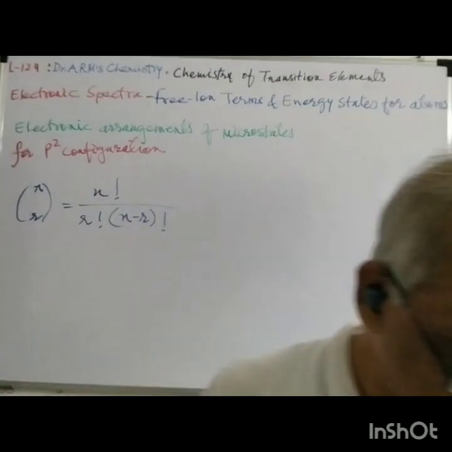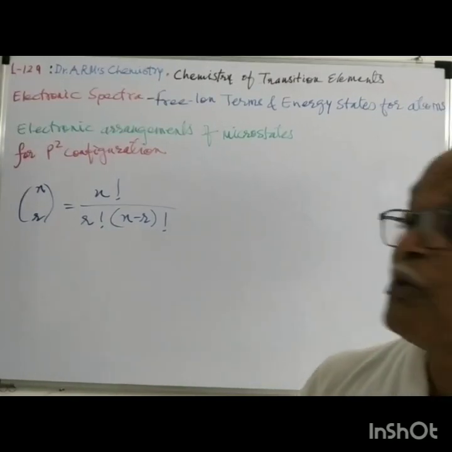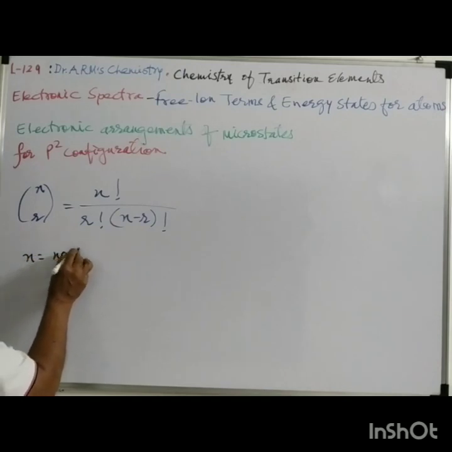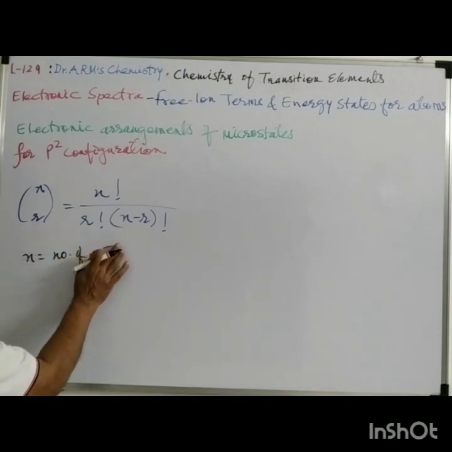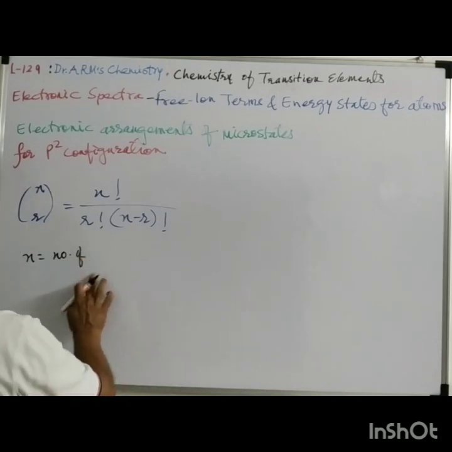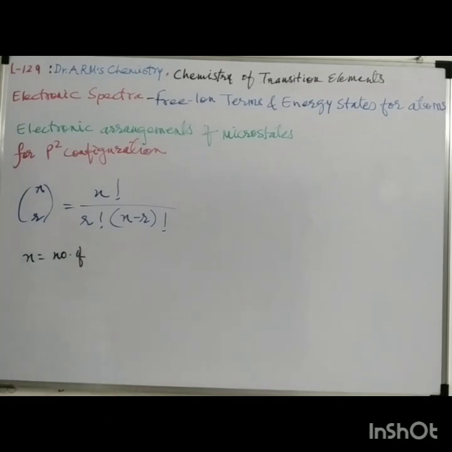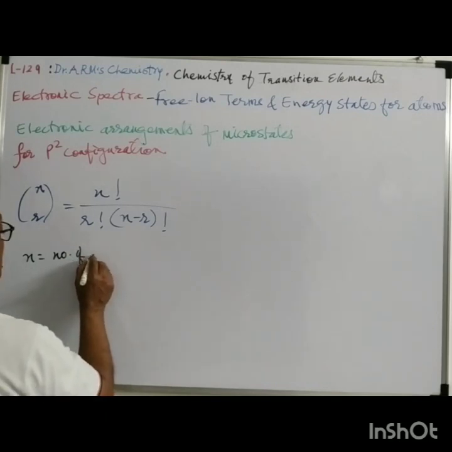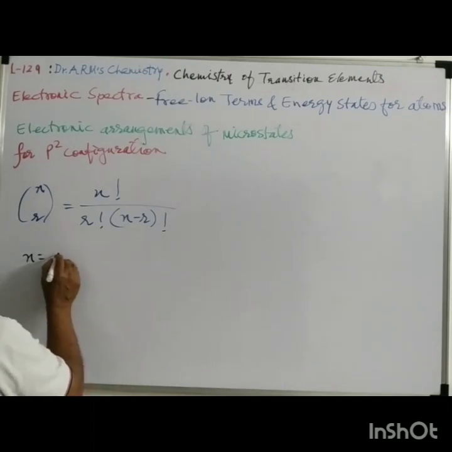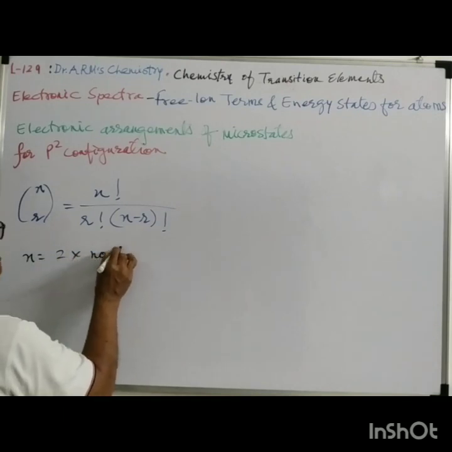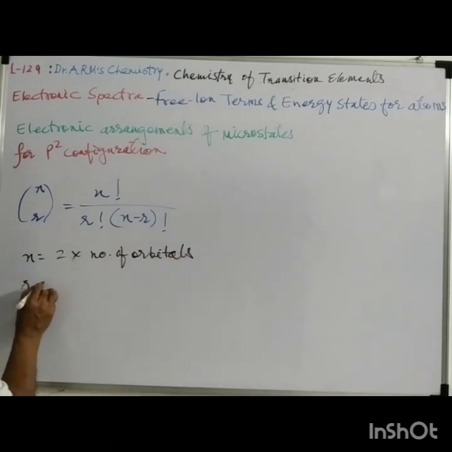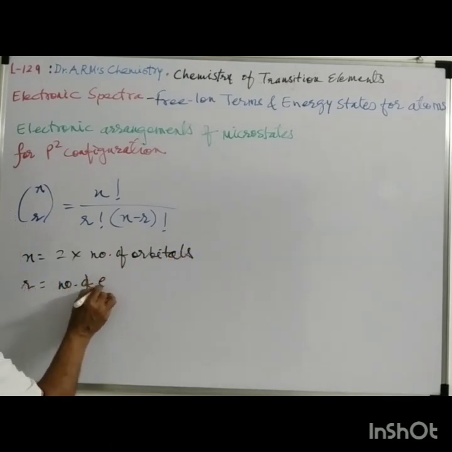Here n is equal to the number of orbitals, or here we will say twice, 2 into the number of orbitals, and r is equal to the number of electrons.